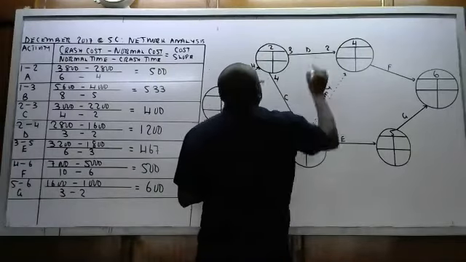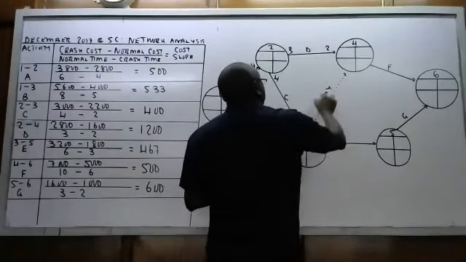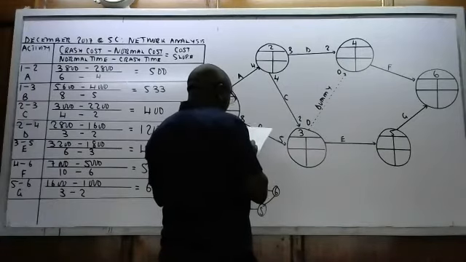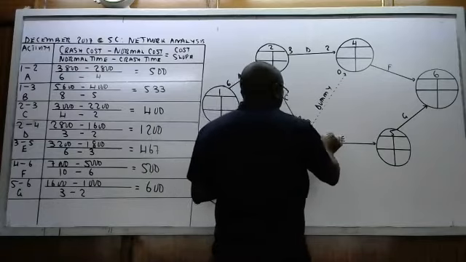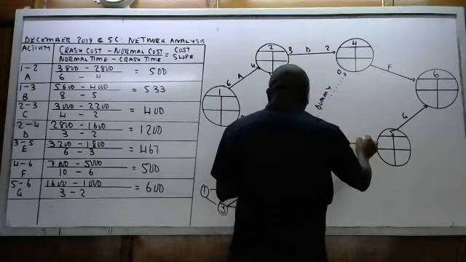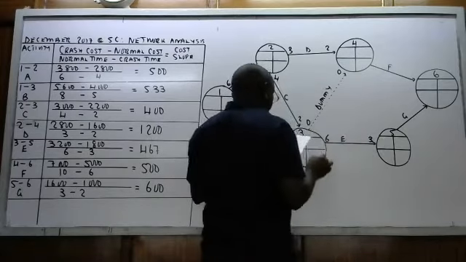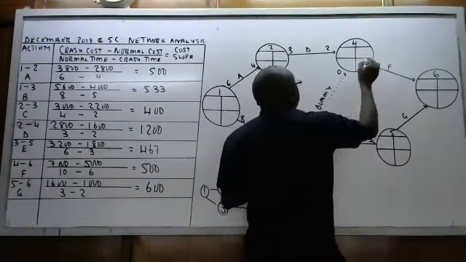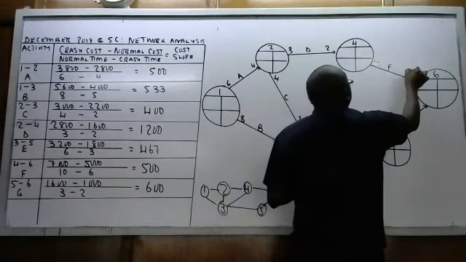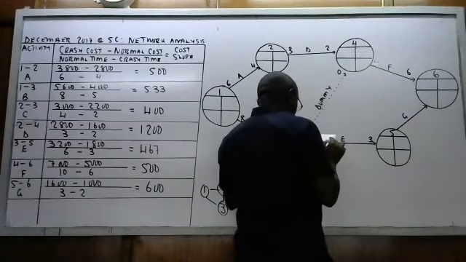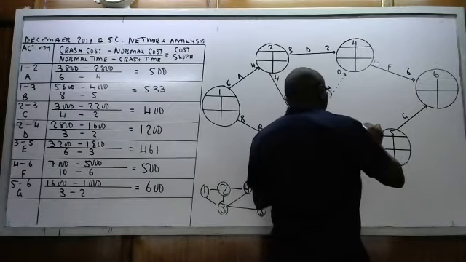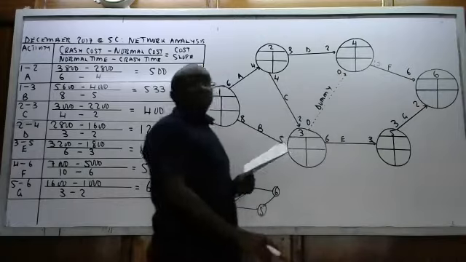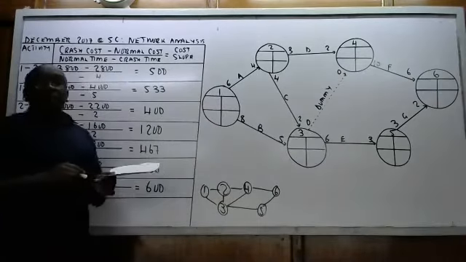Dummy is 0, 0. 3 to 5, 6, 3. 4 to 6, 10, 6. 5 to 6, we have 3, 2.